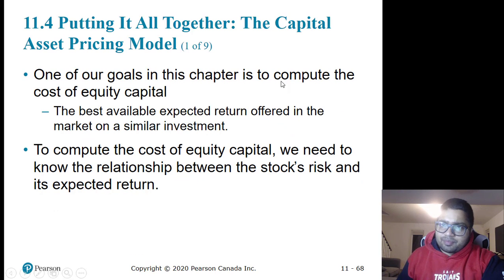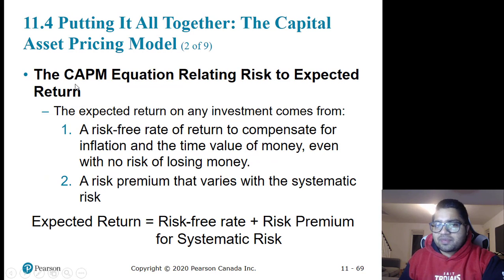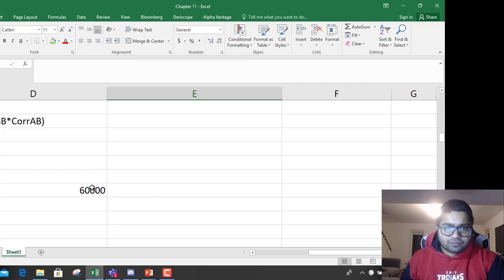One of our goals in this chapter is to compute the cost of equity capital, the best available expected return offered in the market on a similar investment. To compute cost of equity, we need to know the relationship between stock risk and its expected return, which is given by the CAPM model. The CAPM model we have discussed.